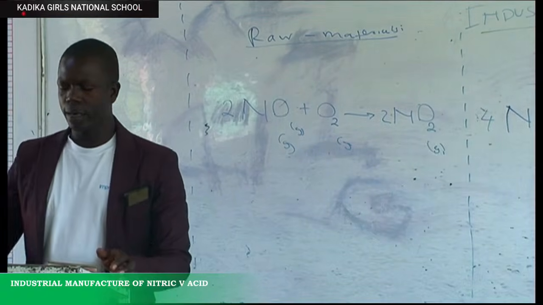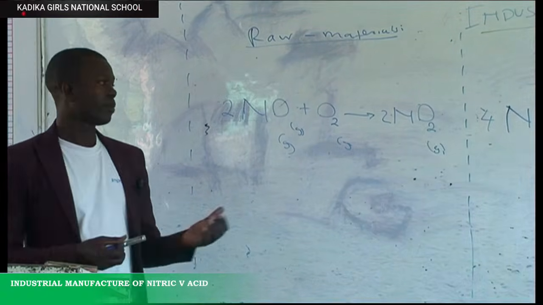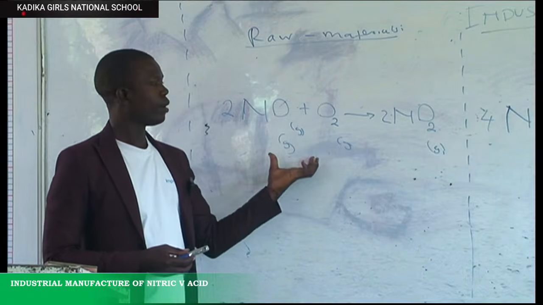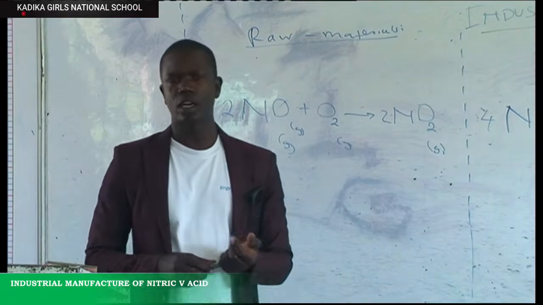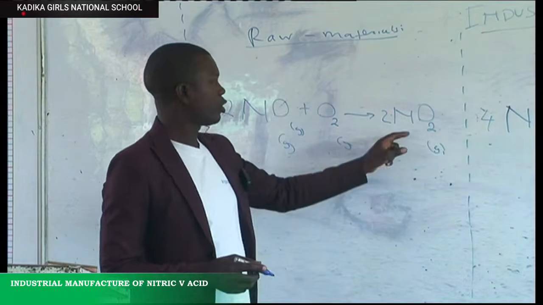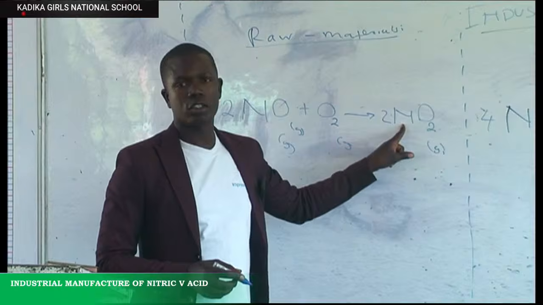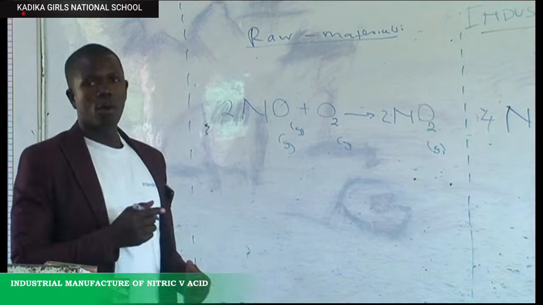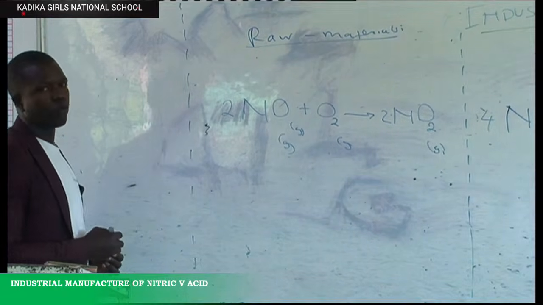So the nitrogen 4 oxide formed is passed to another chamber known as the absorption chamber. Why do we pass it to the absorption chamber? It is in the absorption chamber where we react this nitrogen 4 oxide with the downflow of warm water.